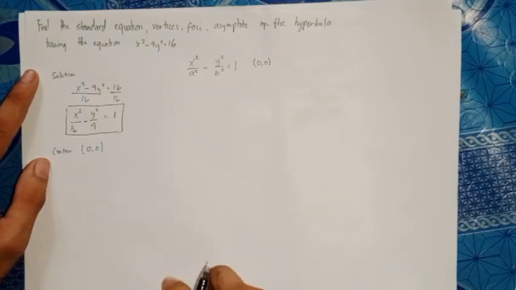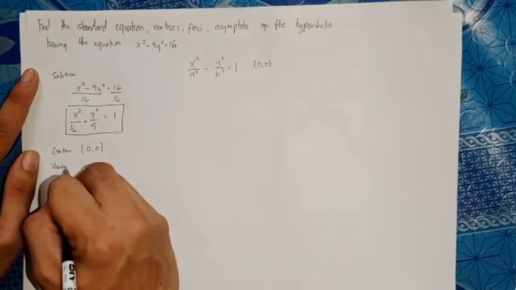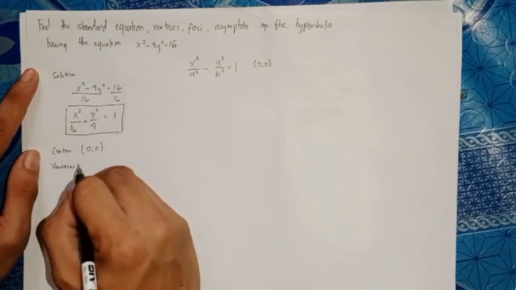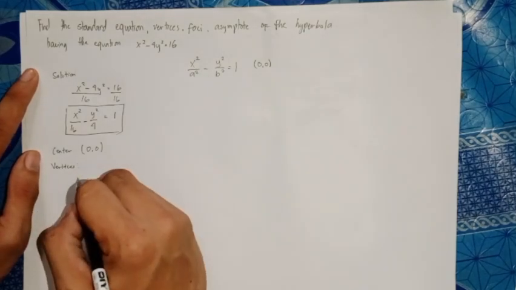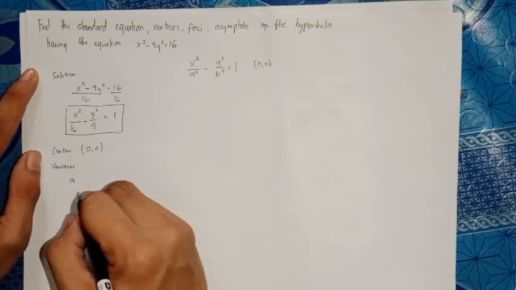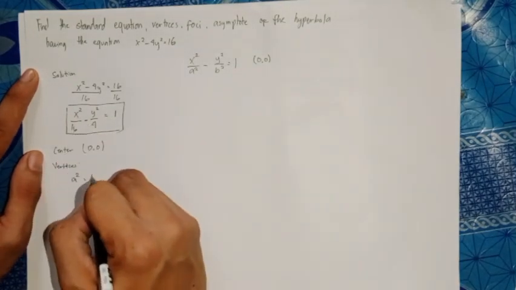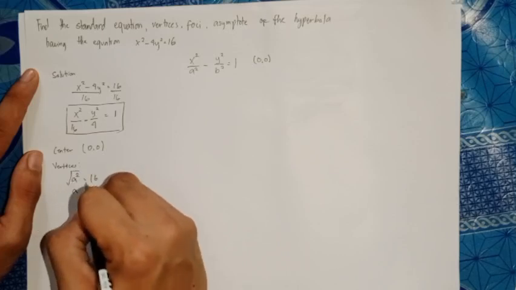Next, find the vertices. Remember our vertices are denoted by a. To find a, since this is our a squared and this is our b squared, a squared is equal to 16. Taking the square root, a is equal to 4.